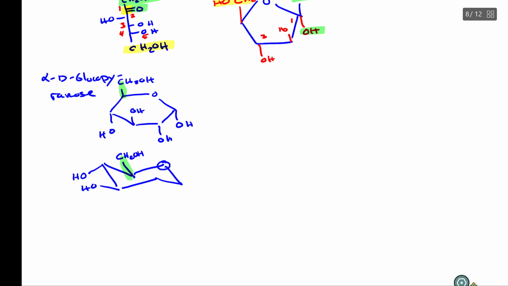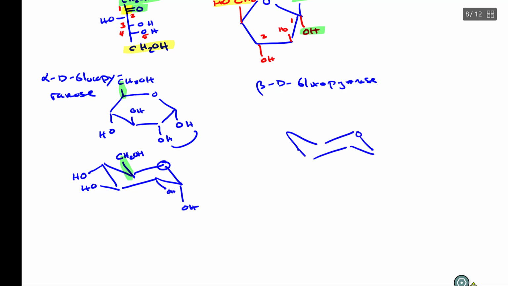And then this is equatorial. And then we have equatorial here. And then we have, oh, I didn't leave myself quite enough room. Let's try this again. I have an axial like this, because if two are adjacent to each other, one can be equatorial and one can be axial. So what that means is if I look at beta D glucopyranose, that's going to have this configuration. Equatorial here, and then everywhere else is equatorial.